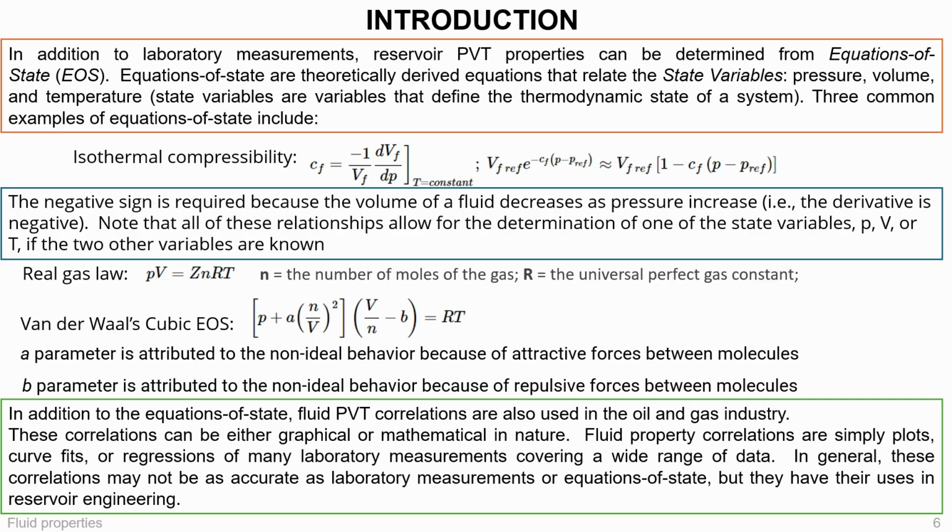In practice, engineers also use PVT correlations, which are empirical relationships built from large datasets of lab measurements. Correlations can be very useful for early-stage studies when lab data are limited, but they are not always as accurate as PVT experiments or EOS calibrated to lab data.